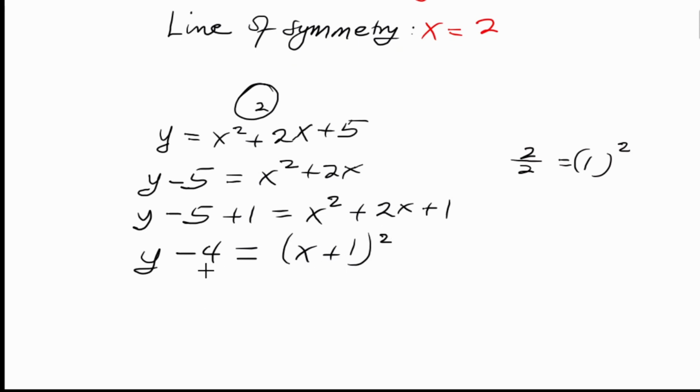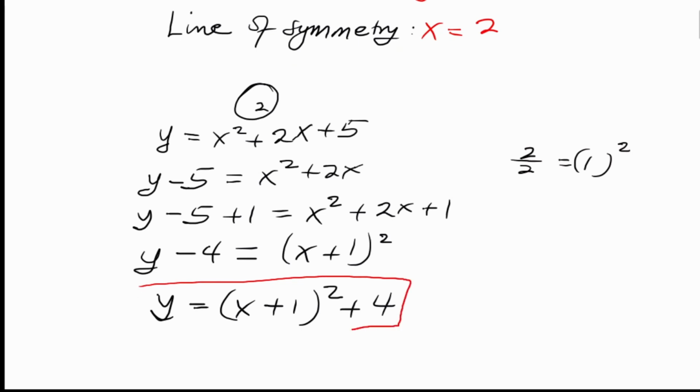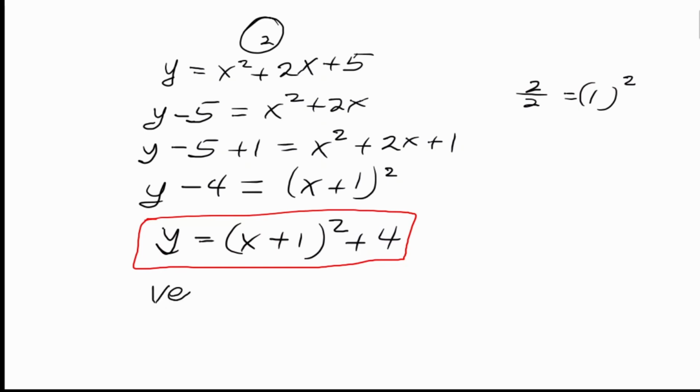Then now we move the 4 to the right side, which gives us y equals (x plus 1) all squared plus 4, because the -4 comes to the right side and becomes a positive. And again, this becomes the equation expressed in the vertex form, and the coordinates of the vertex will be -1 and 4. Remember, we always switch the sign of what is in the parentheses.